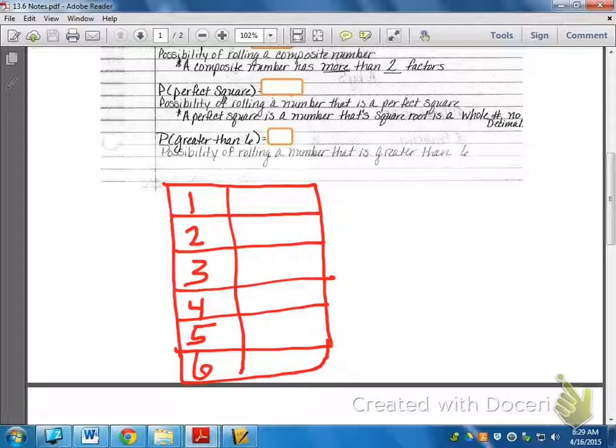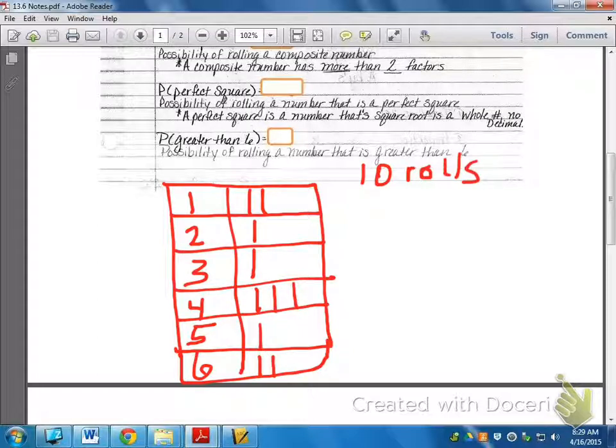And let's say I rolled a 1 a couple of times, so I got 2 tallies for 1. I rolled a 2 only once. I rolled a 3 only once. I rolled a 4 3 times. And then a 5 once. And a 6 twice. So I had a total of 10 rolls.